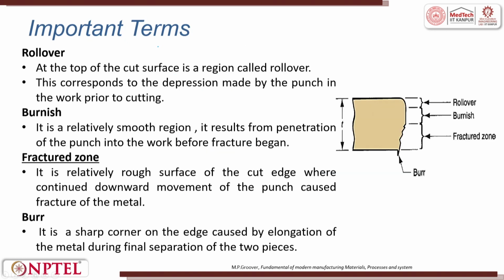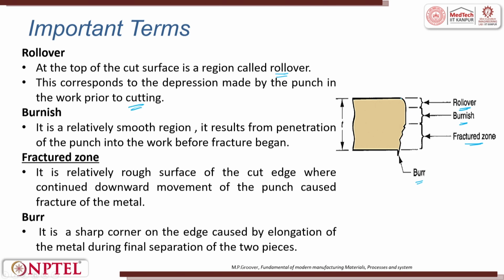The important terminologies when you try to shear are rollover, burnish, fractured zone and burr formation. Rollover: at the top of the cut surface is a region called rollover. This corresponds to the depression made by the punch in the work prior to cutting.